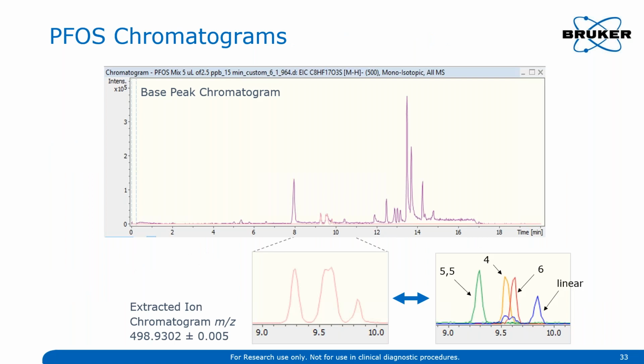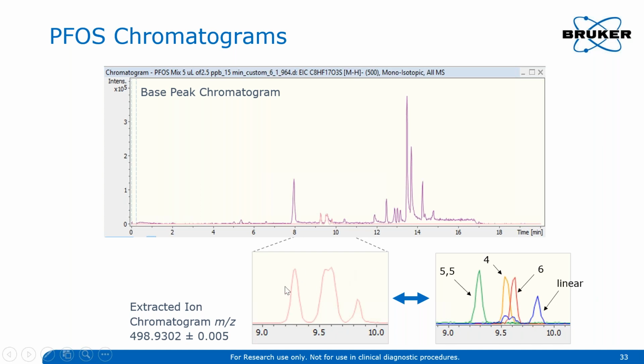So here we have a base peak chromatogram of a sample with these 4 PFOS isomers mixed together. And we can extract an ion chromatogram for the exact mass of PFOS, which happens to be 498.93 Daltons. And what we see in the bottom center is the limit of what we can produce with conventional HPLC QTOF.